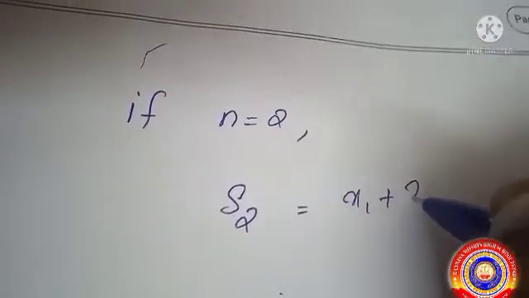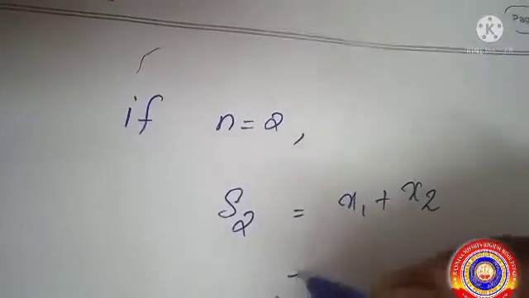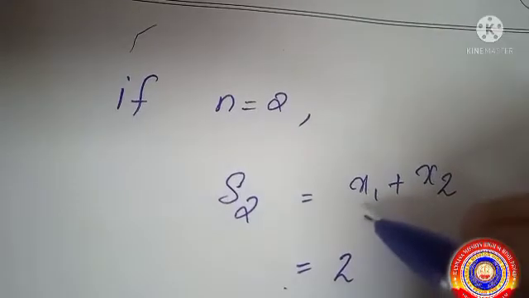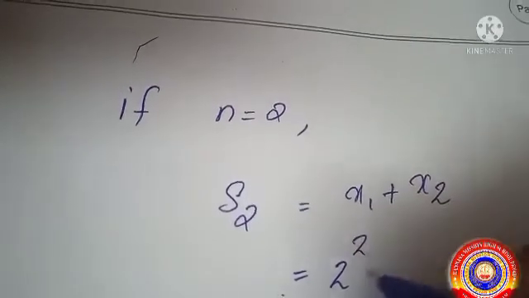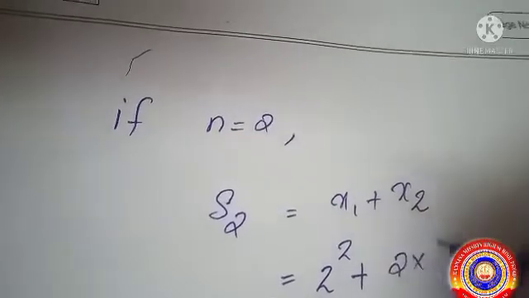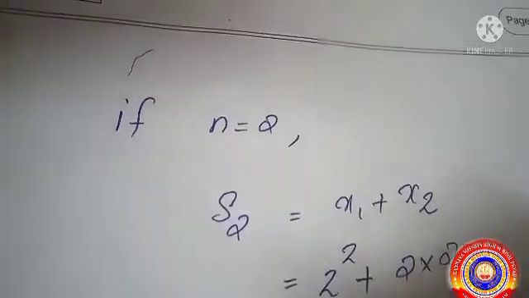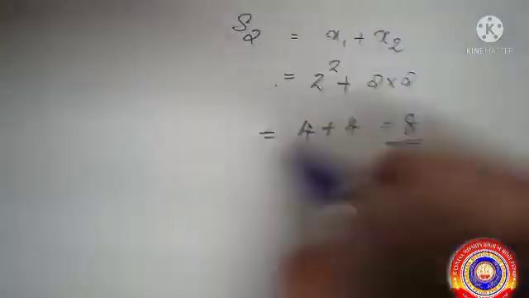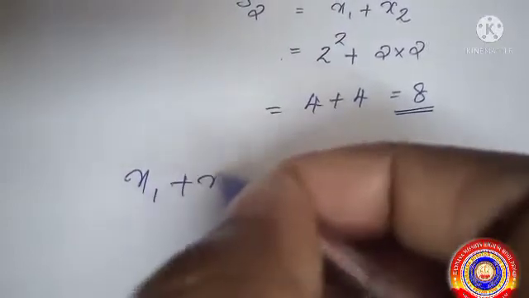Then if n is equal to 2, then S2 means the sum of the first two terms, that means x1 plus x2. If n is equal to 2, then S2 becomes 2 square plus 2 into 2, which is equal to 4 plus 4, and it is equal to 8. Then x1 plus x2 equal to 8.